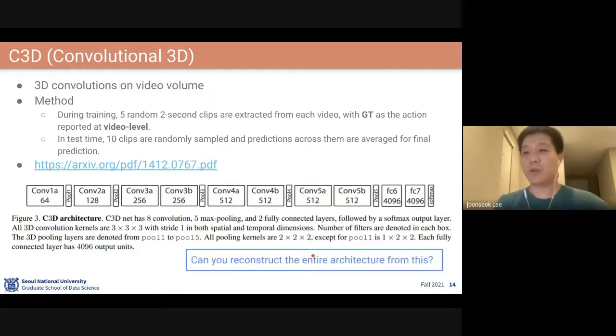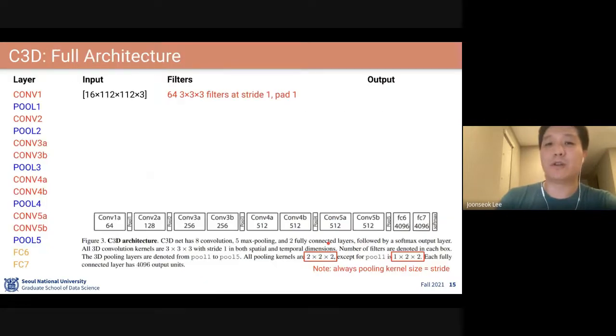So what I would like to ask you is, this figure contains all the details of this model, so we can actually reconstruct it. You probably remember this kind of slides in the previous image classification lectures. They stacked conv1, pool 1, conv2, pool 2, and so on, until fully connected 7.